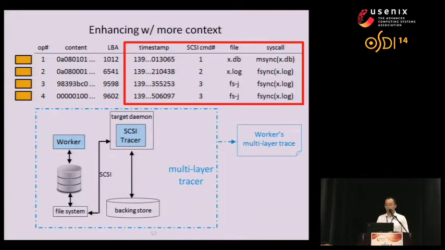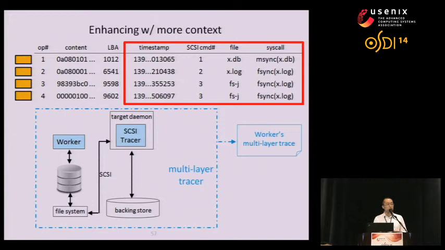The enhanced tracer gathers additional context information, including the timestamp of each minimum operation, the SCSI command number of each operation, the file that each operation transfers the data to, and the system call that triggers the minimum operation. The files are correlated with the operations based on LBA, and the system calls are further correlated based on timestamp. So this combined multi-layer trace spans everything from the minimum block transfer operations to the system call level behavior and allows us to understand much more.